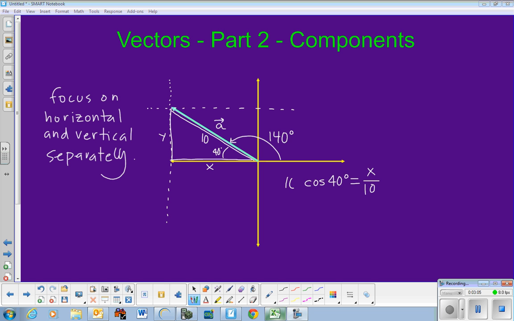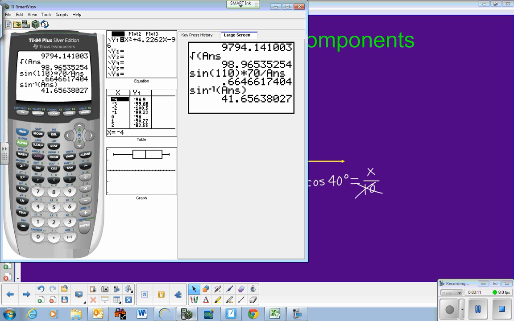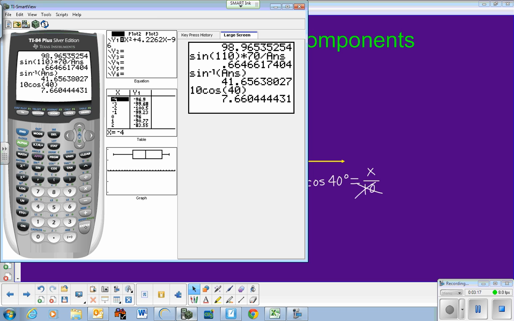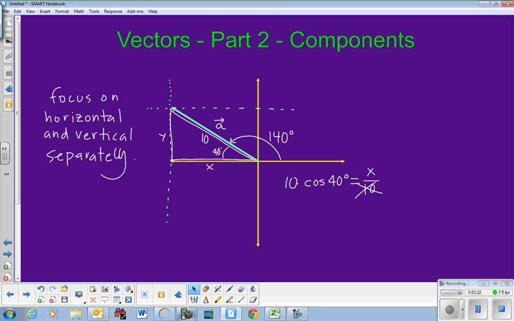Then I would multiply both sides by 10, and the length x is 10 times the cosine of 40. So here's kind of a problem with approaching it that way. 10 cosine 40 is fine if you want to do that. I get 7.66. Then I have to remember that it's negative because I'm going to the left.